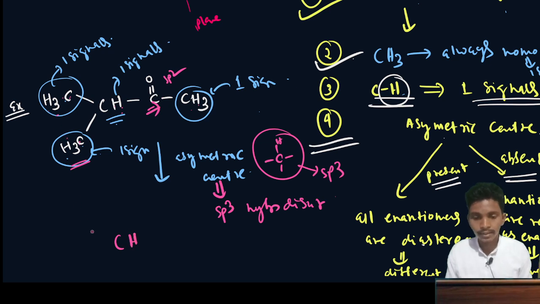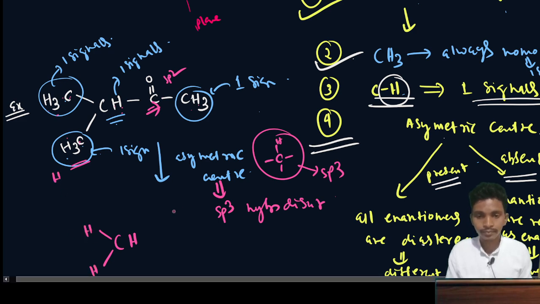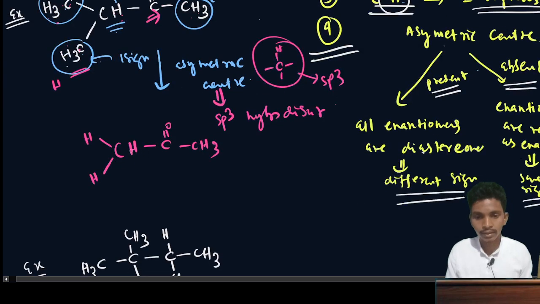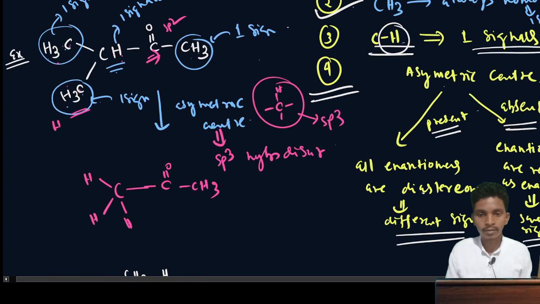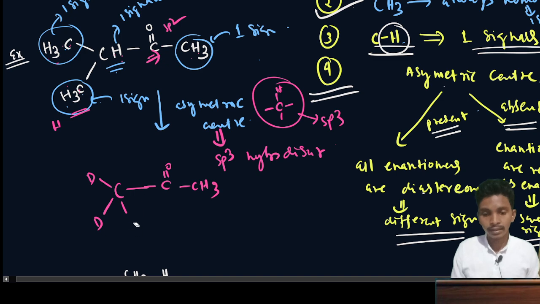So this one I can write like this: instead of CH3 I can replace it with H. Sorry, we can't replace with H because H is already present here, so let me replace with D. Now, without any modifications, is there any chiral center?